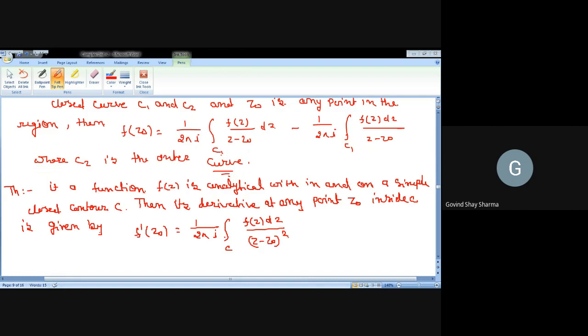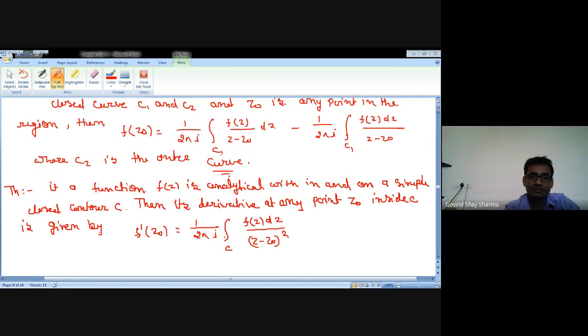It means that at a point z0, the derivative value f'(z0) is equal to 1/(2πi) ∮ f(z) dz/(z − z0)².